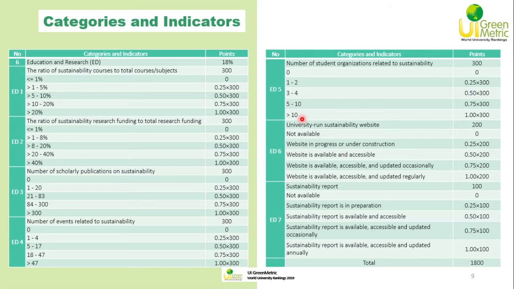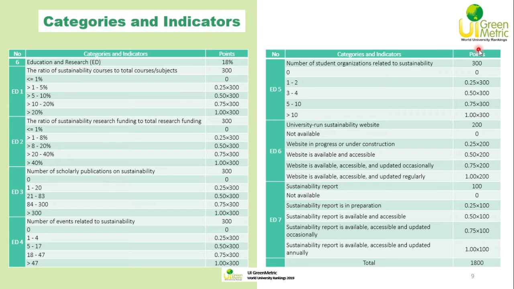For research, 2 things are seen as relevant. One is publication, and the other one is funding. For publication, the requirement is that your university needs to have 300 or more scholarly publications per year on sustainability, and that is criteria 3, 300 or more scholarly publications on sustainability.